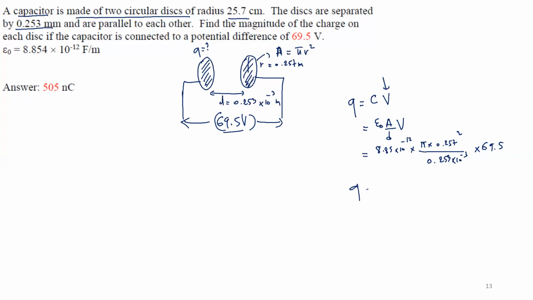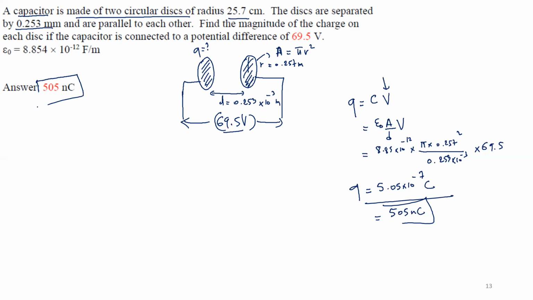So Q is just 5.05 times 10 to the power minus 7 coulombs. This is what I get. So this is just 505 nanocoulombs. This is one way to solve it.